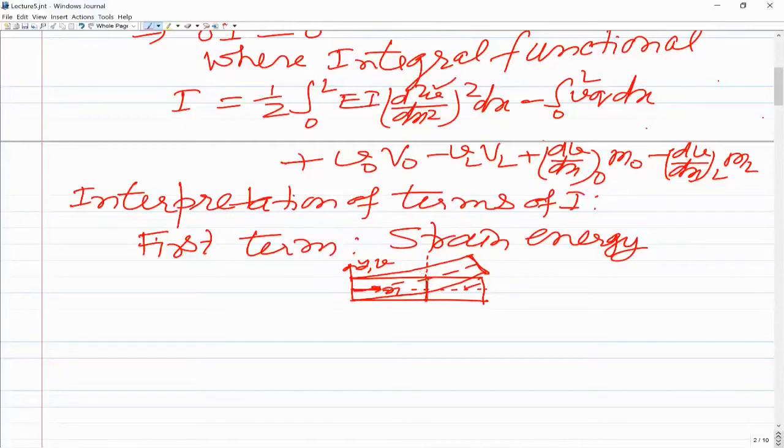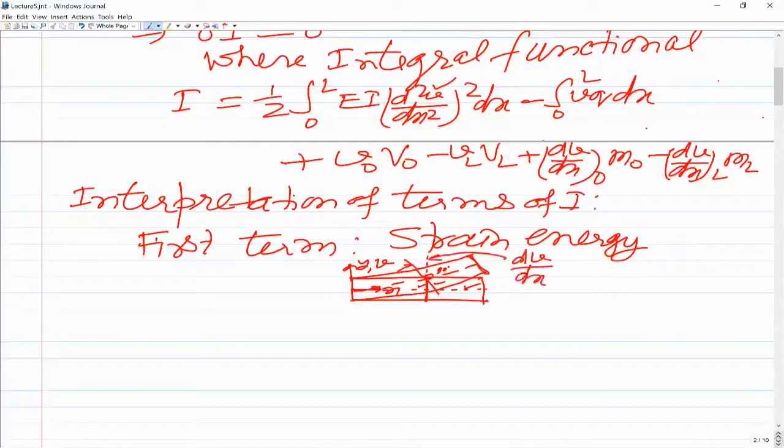So this is the deformed center line. Now the normal becomes like this. This line over here becomes this line, and it remains normal. So that means this angle remains 90 degrees, and therefore this particular angle would be dv by dx.